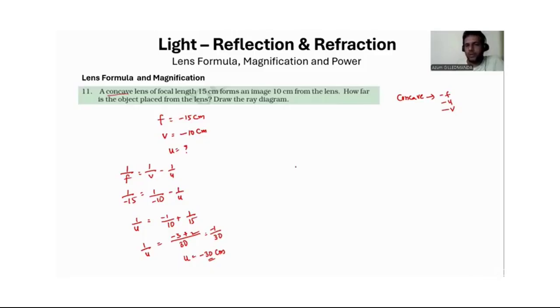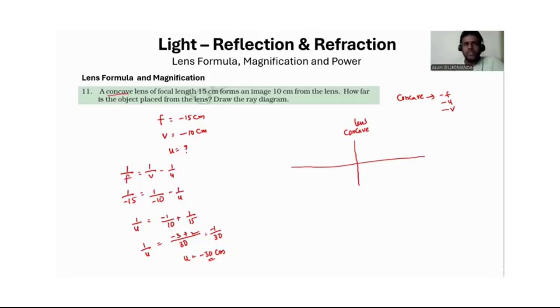So the ray diagram, how I'll draw it: this is a lens. I'll just draw it as a straight line and mention this as a concave lens. You can draw the ray diagram with a scale because we know the distances. You can take a scale, maybe 2:1 or 1:2, half of it.